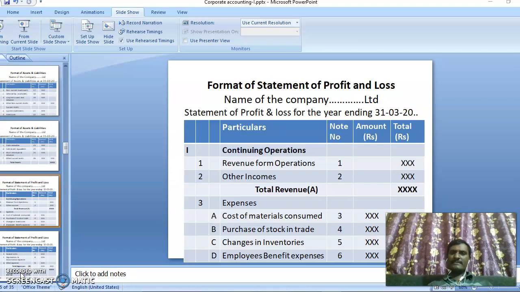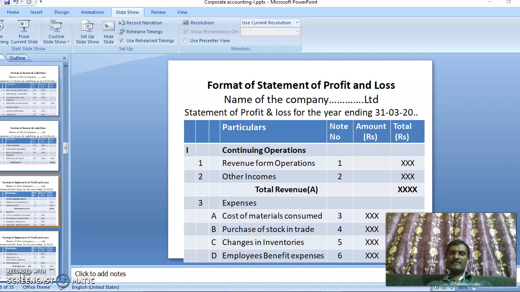As like statement of assets and liabilities, we also need to prepare the statement of profit and loss. And the statement of profit and loss of a company is to be prepared based on the Schedule 3 Part 2 of Companies Act 2013, which makes it mandatory for all companies to prepare the statement of profit and loss as per the vertical form.